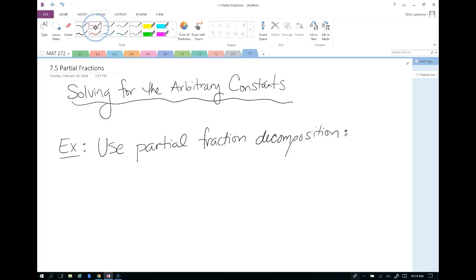One of the things I don't think I mentioned in the last video that's really important is that when you start these problems, you have to make sure you always start with a proper fraction. What that means is that the degree in your denominator is larger than the degree in your numerator.